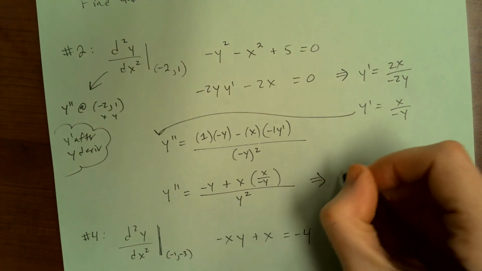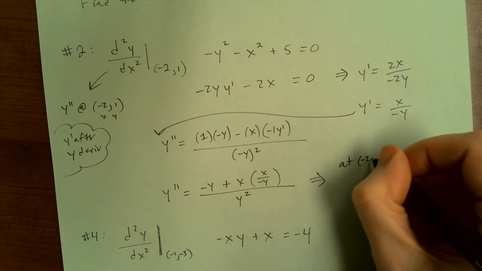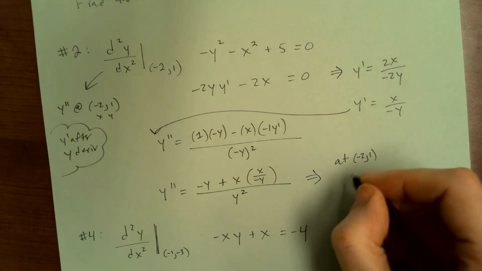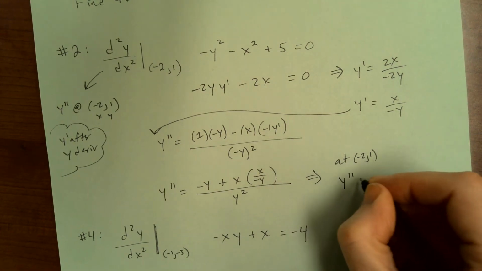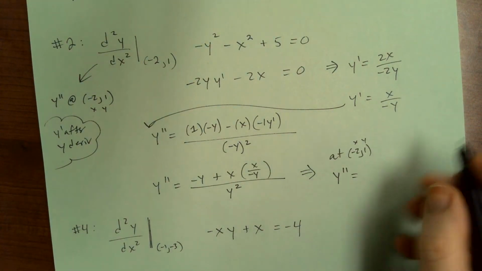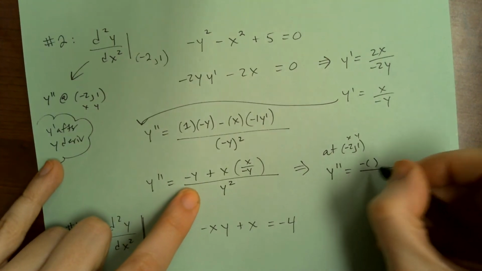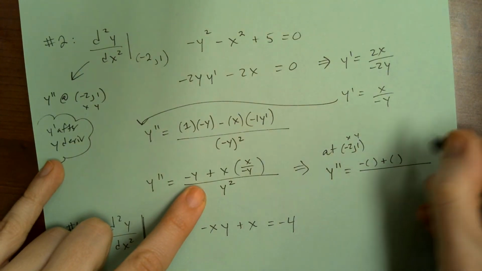Then at -2, 1, y double prime is, so I'm plugging these in for the x and the y. So that's where y is. I got an x.